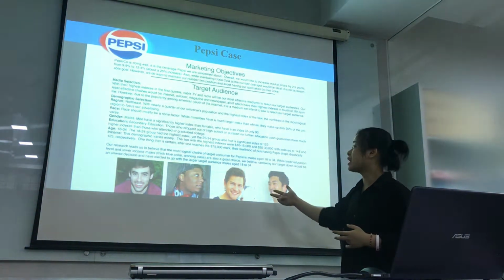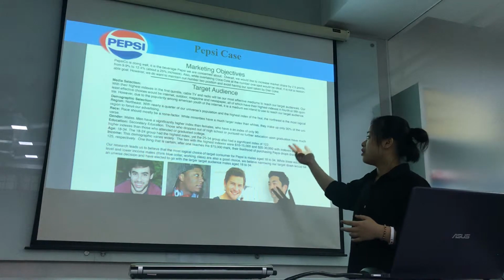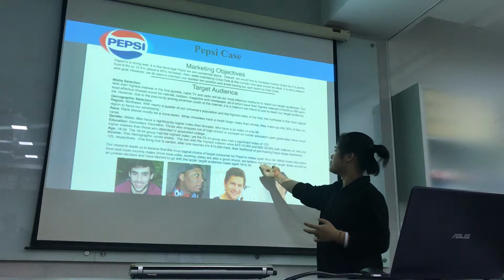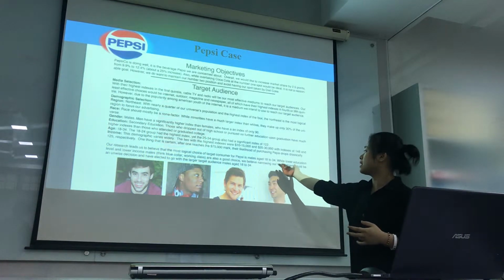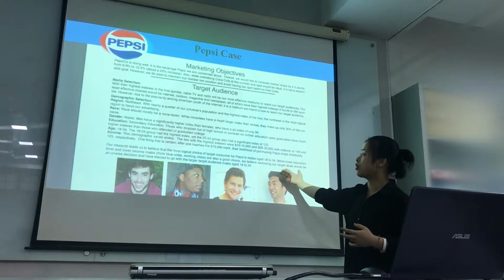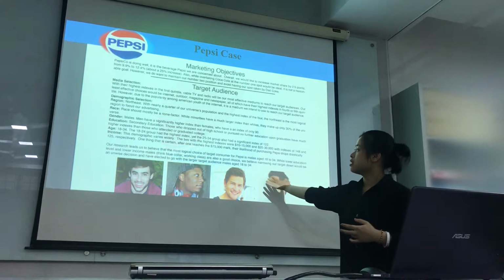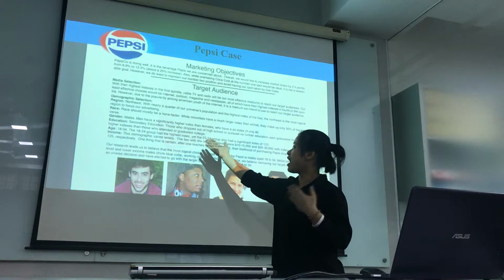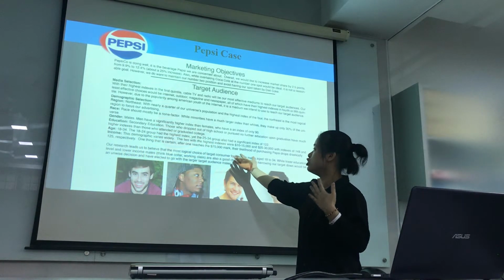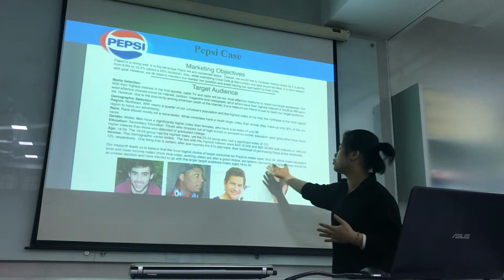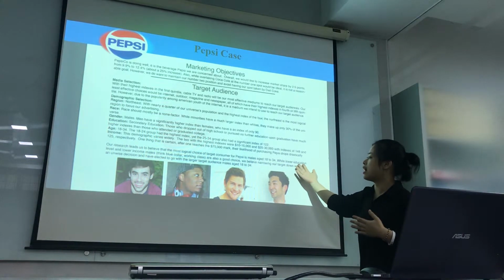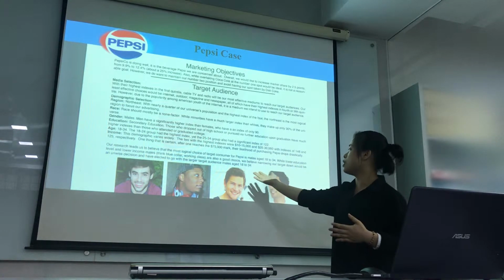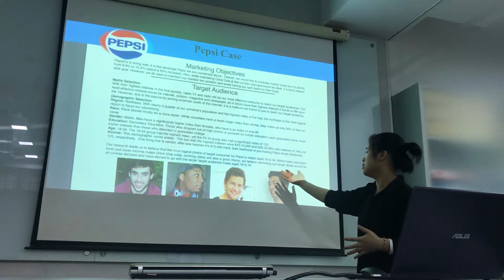In the Pepsi case, they identified their target consumer for Pepsi as males aged from 18 to 34. Why males? Because they found that males have a higher index than females, meaning they use more Pepsi than females, and that lower education level, just secondary education, and lower income males use more Pepsi.